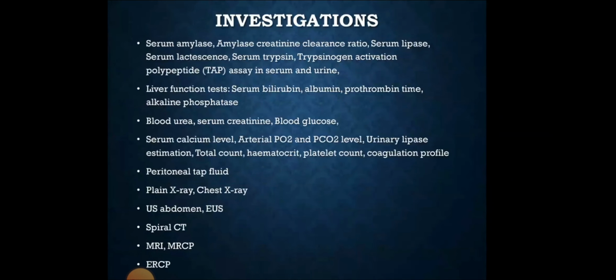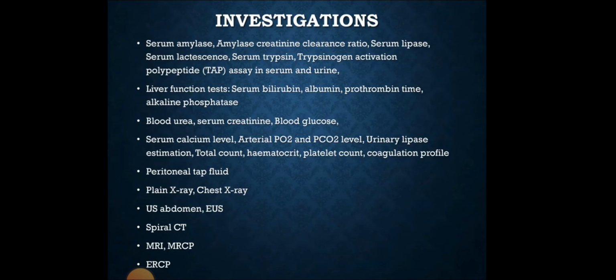The investigations which can be suggested are serum amylase creatinine clearance ratio, serum lipase, serum lactose, serum trypsin, trypsinogen activation polypeptide assay in serum and urine, then liver function test, blood urea, serum creatinine, blood glucose, peritoneal tap fluid, then plain X-ray, chest X-ray, USG abdomen, spiral CT, MRI, MRCP, ERCP.